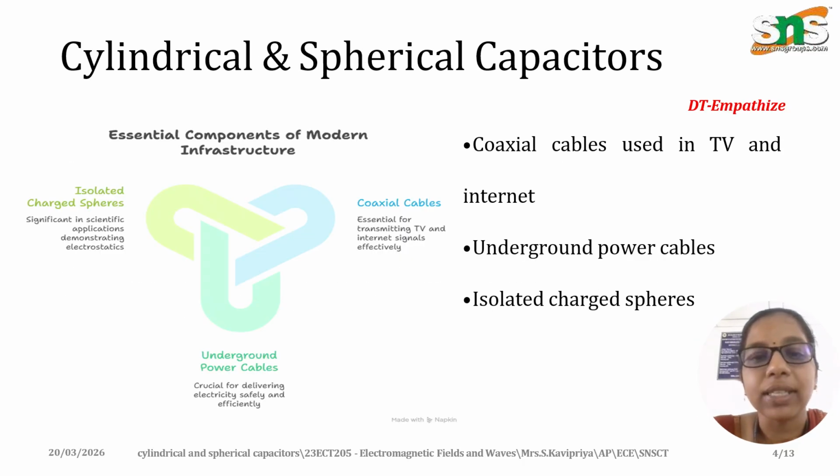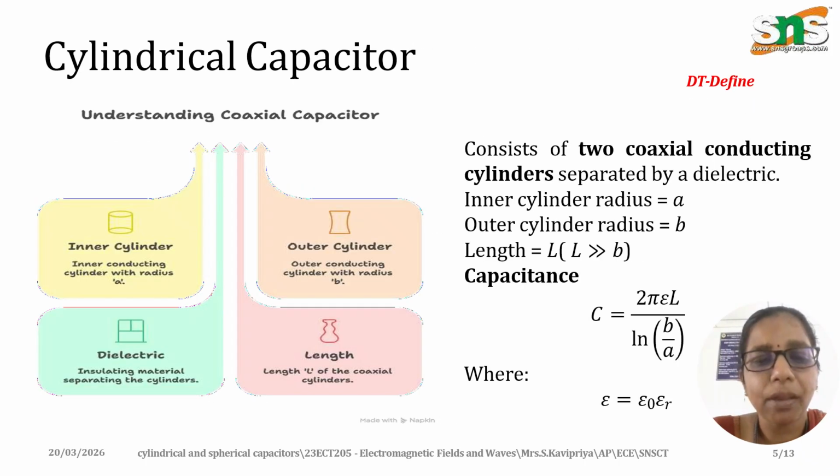First, let's start with the cylindrical and spherical capacitance, and where they are used. They are used in coaxial cables, in underground power cables, and in isolated charge pairs. So let's start with the cylindrical capacitance. Here we have two coaxial conducting cylinders: an inner cylinder and an outer cylinder.